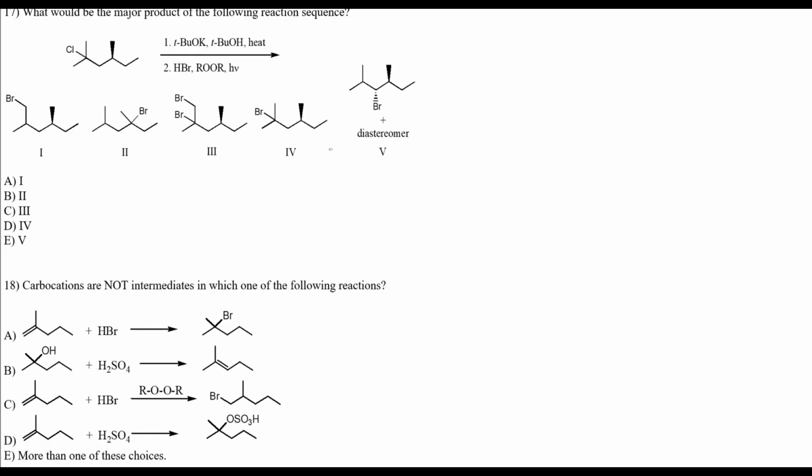What would be the major product for the following reaction sequence? Right, so again, this is an E2 reaction because we have heat, we have a metal, and it's a big bulky base. Okay, so it's an E2 reaction, meaning no rearrangement, and it should be Hofmann because it's a t-butyl.